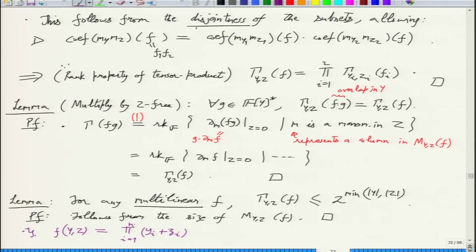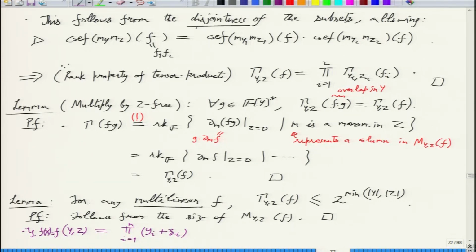I want to use my notation. So f of x is: you take these x to be 2n variables, where the first n variables are the yi variables, and the later n variables are the zi variables, and look at this product, right?